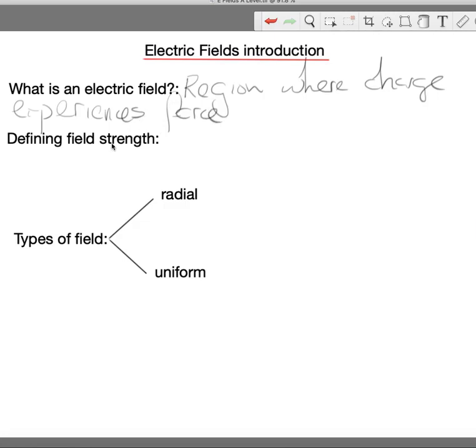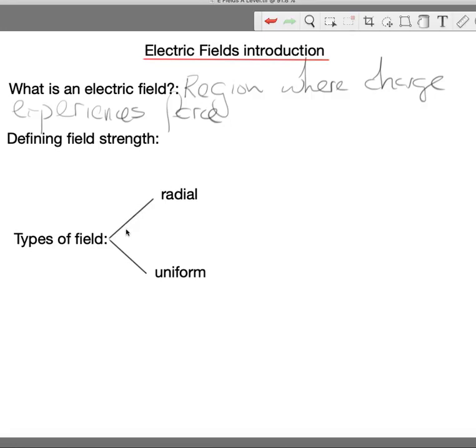A gravitational field is a region where mass experiences force. An electric field is a region where charge experiences force, and the corollary of that is that charge is that which experiences a force in an electric field.